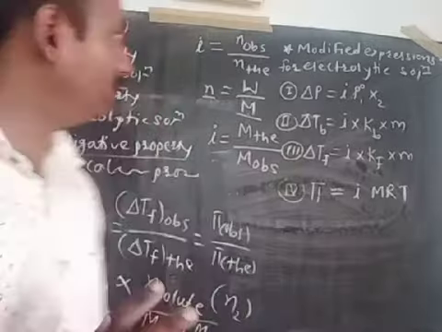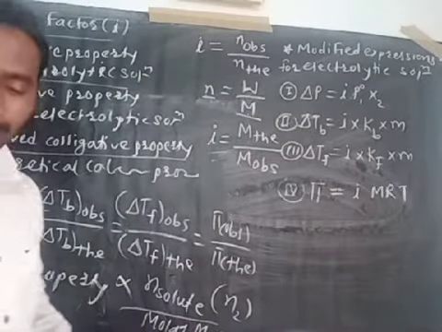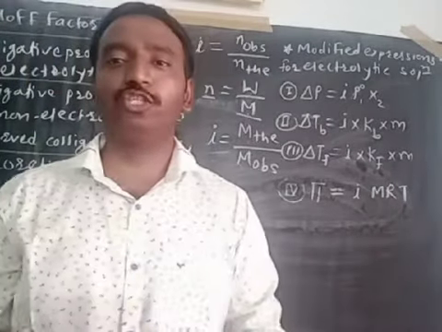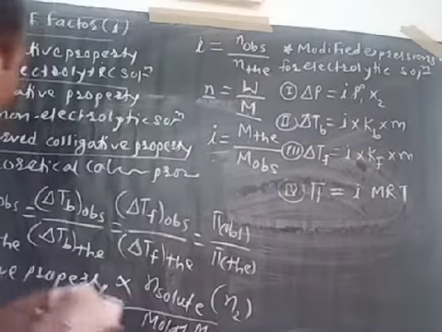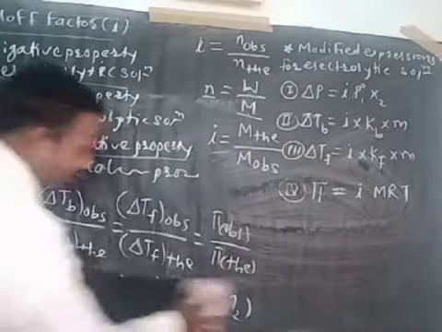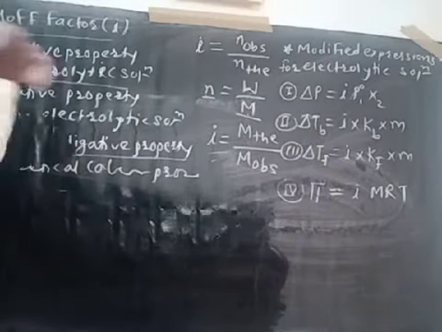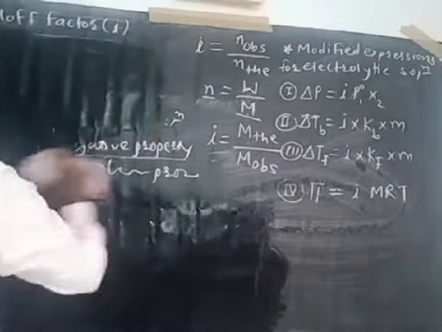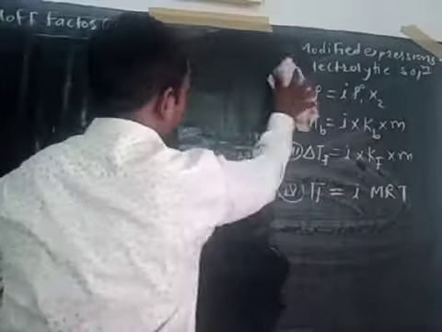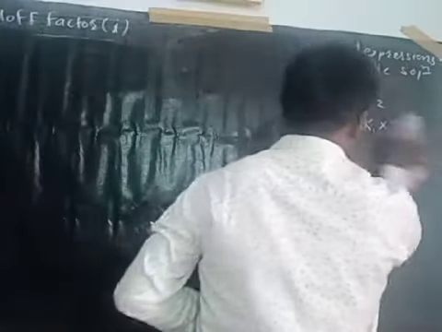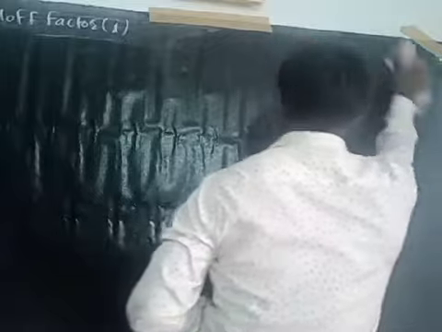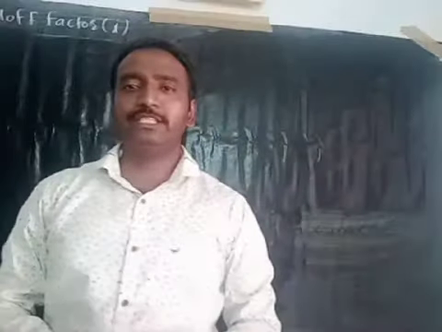Okay, now we are going towards the last portion of our chapter, that is the relationship between the Van't Hoff factor and degree of dissociation. To understand that relation, you should know degree of dissociation first. In 11th standard, we already studied the degree of dissociation.